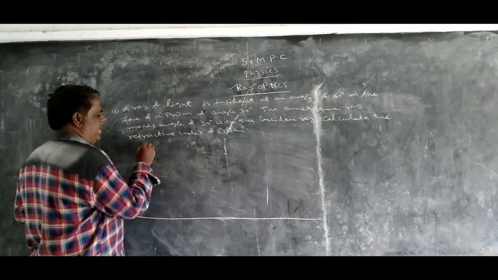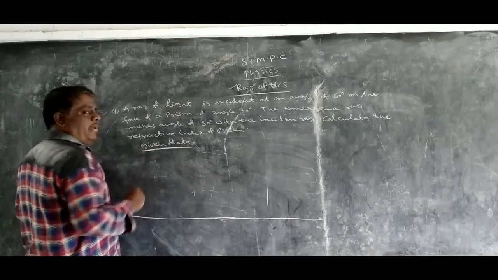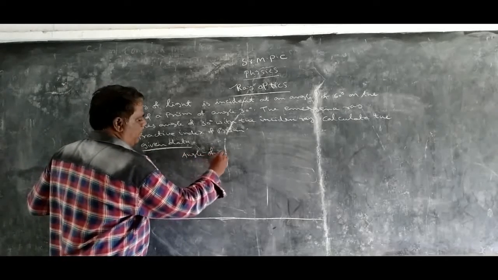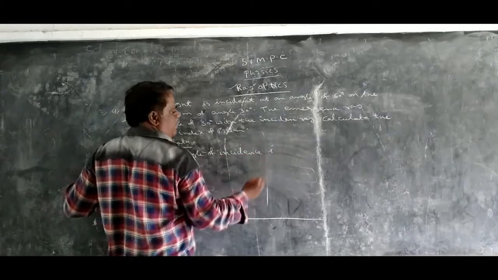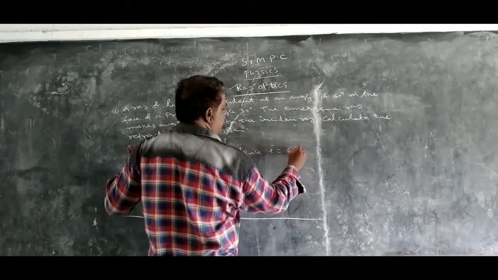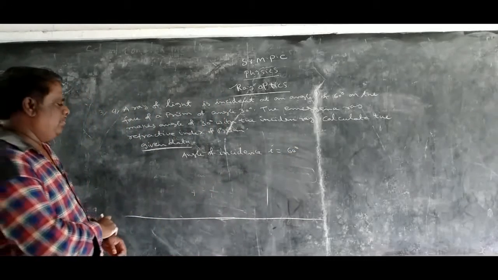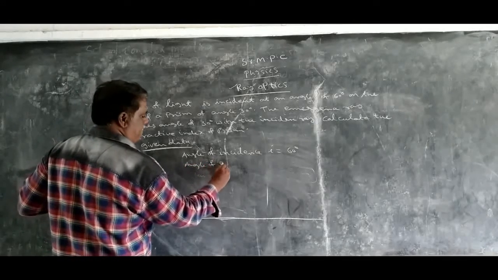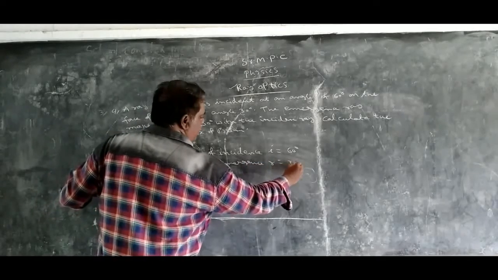First, given data: angle of incidence i is equal to 60 degree. Angle of emergence r is equal to 30 degree.